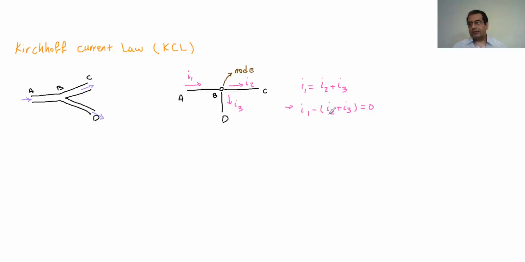You can do it the other way, it doesn't matter, as long as you keep the sign constant. In general, what the Kirchhoff current law says is sigma I for every node. Let me put it like that.